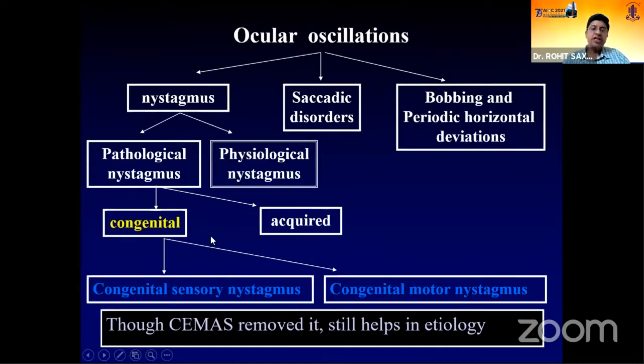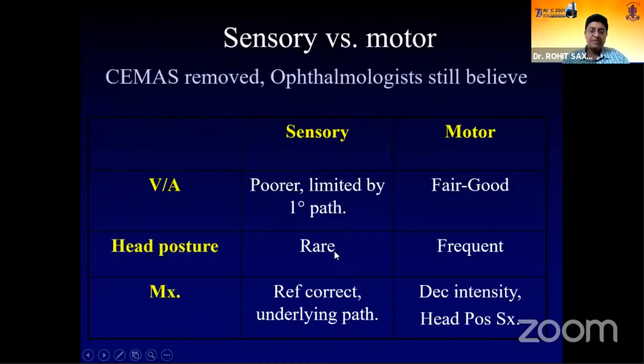Our discussions essentially are congenital or infantile nystagmus. Like I said, we say there are sensory or motor. So sensory nystagmus is in association with poor vision primarily, and because of poor vision, they do not have a good fixation fusion mechanism that results in the nystagmus, like you see in children with bilateral congenital cataract. And motor nystagmus essentially is one in which they have a good visual acuity.